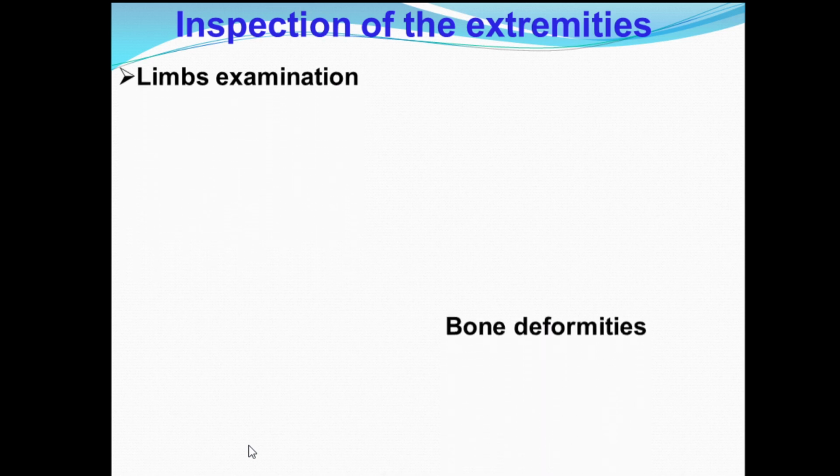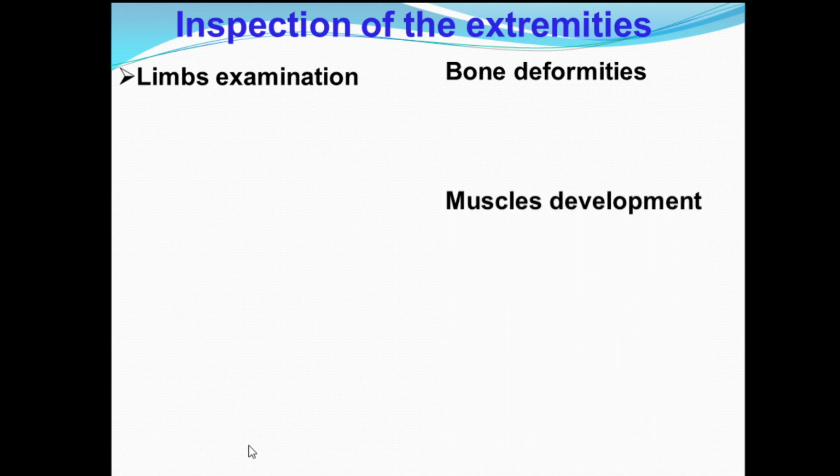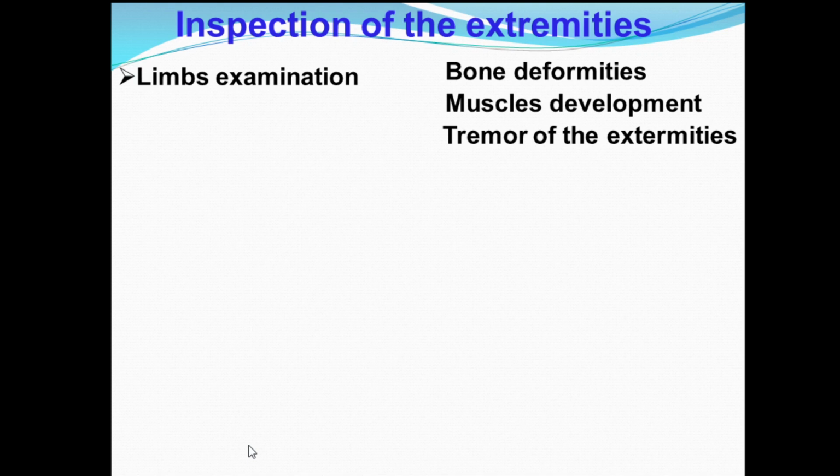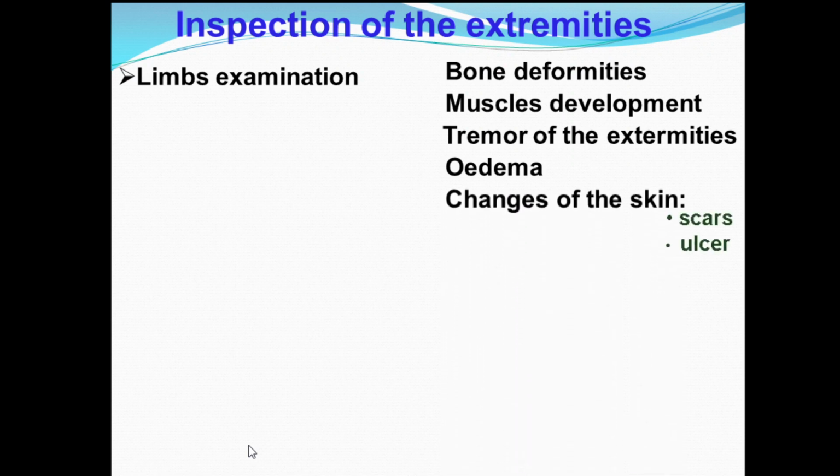Inspection of the extremity includes information about examination of the limb, when we can reveal some deformities, problems with muscles, tremor of the extremities, edema, and local changes of skin such as scars and ulcers due to trophic disorders, which I showed you some minutes ago.